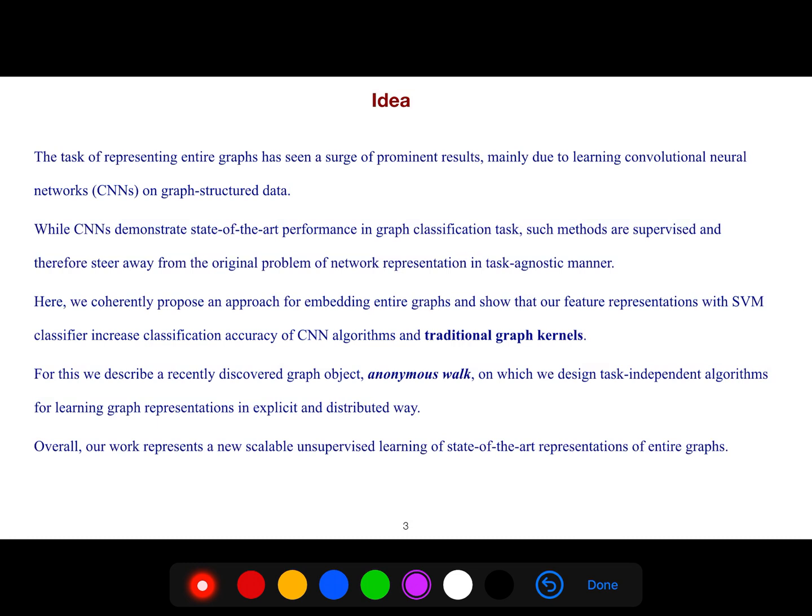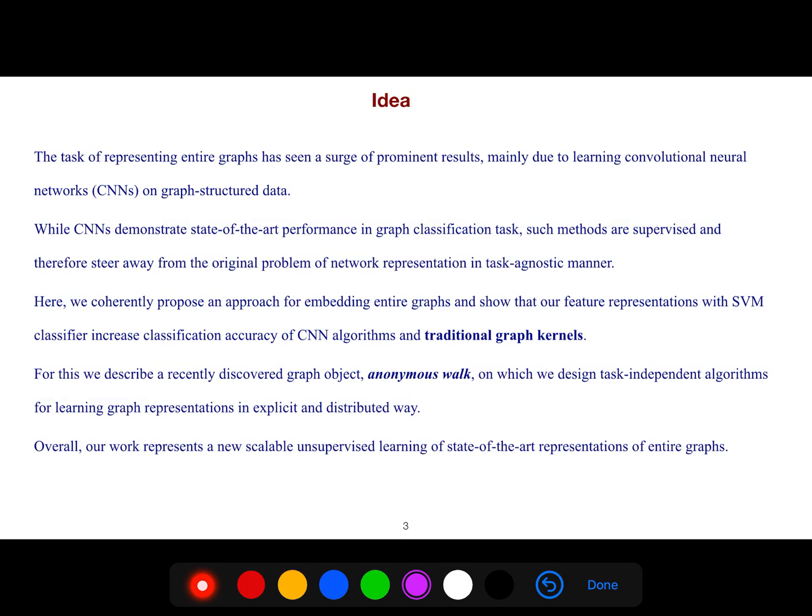Such methods are supervised and therefore steer away from the original problem of network representation in a task-agnostic manner. Here we coherently propose an approach for embedding entire graphs and show that our feature representations with SVM classifier increase classification accuracy of CNN algorithms and traditional graph kernels.